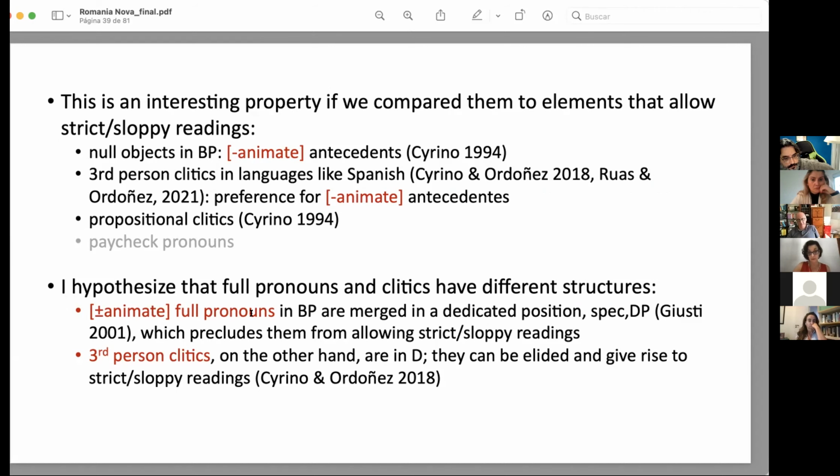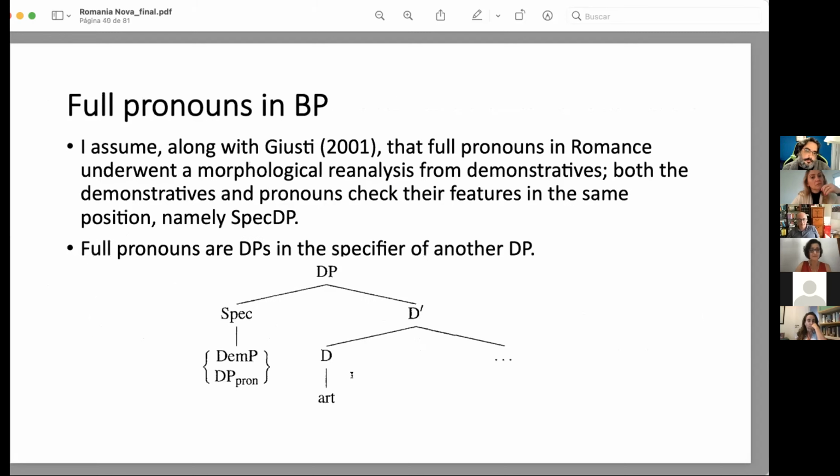Plus or minus animate full pronouns in Brazilian Portuguese are merged in a dedicated position, which is spec DP, following Giusti 2001, and this precludes them from allowing strict and sloppy readings because they are in a position where they wouldn't be able to license the ellipsis, or they are too far away from a little pro if this was the case. Third-person clitics, on the other hand, are in D and then can be elided and give rise to strict and sloppy readings according to the paper that Paco and I wrote.